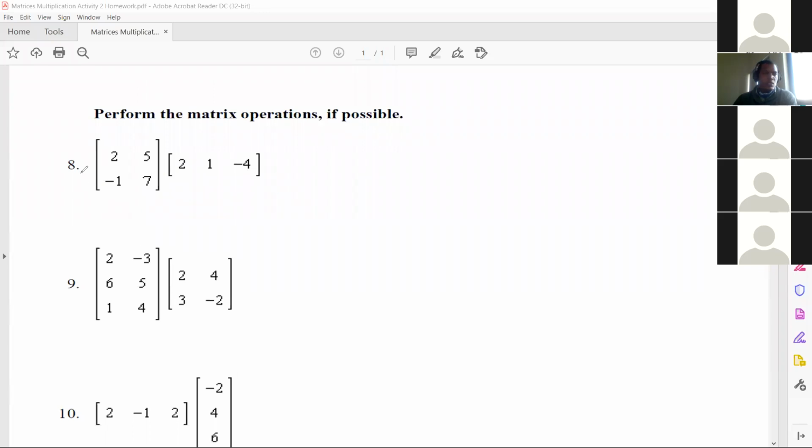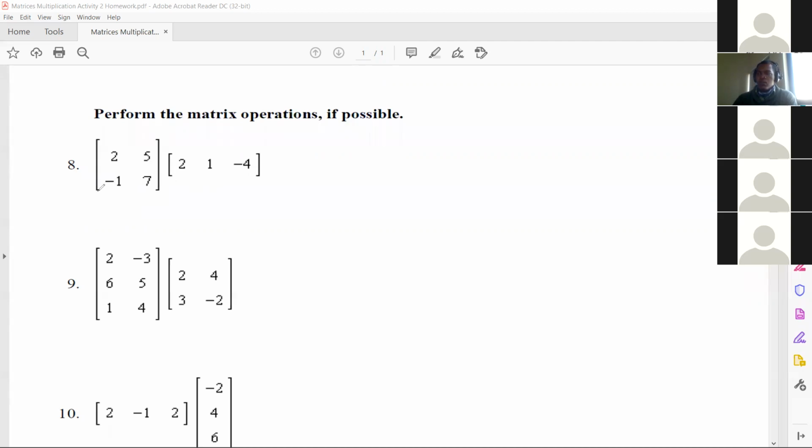So number 8 and number 10 are the two examples I will do. I will start with number 8, then go to number 10, and then we'll see if we can get an answer from that as well.